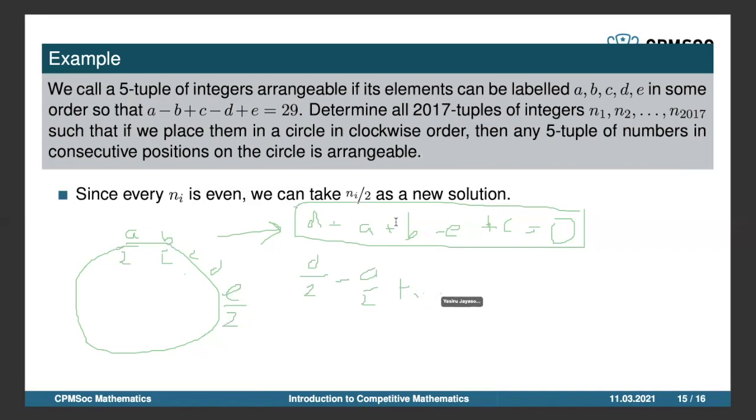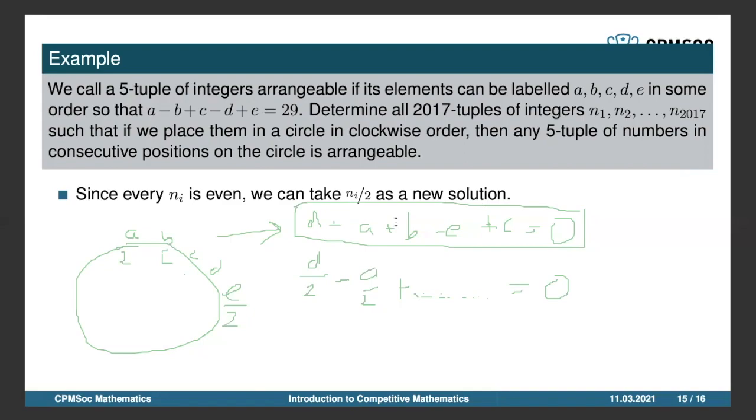It's the same as dividing D minus A plus B minus E plus C by 2.